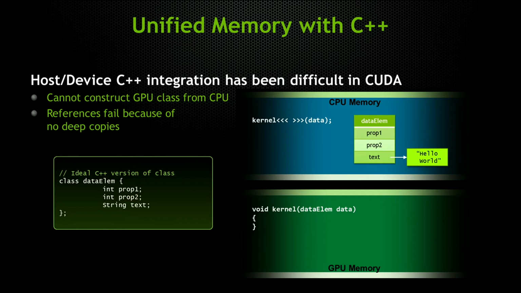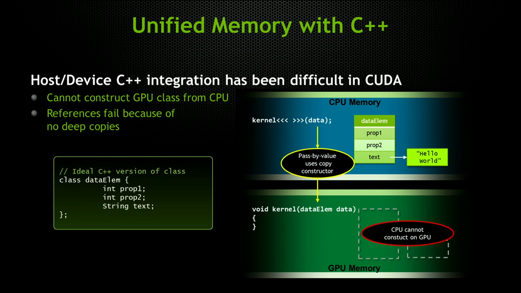And so you can't automatically share those between the CPU and GPU, because if we create one of these structures and then we pass it by value to a kernel, then that's going to call a copy constructor, and we're only allowed to have a default copy constructor, which means it won't allocate any data on the GPU.